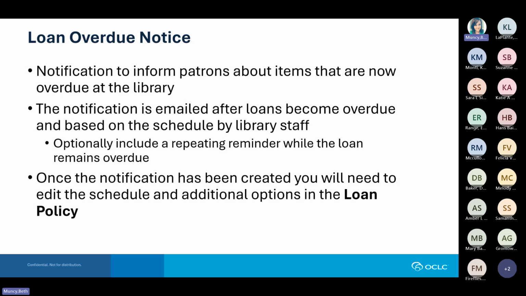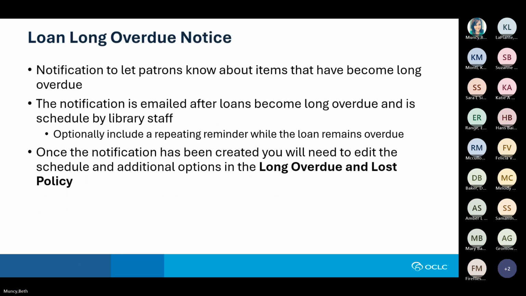You can then add additional notifications if you want to get a little bit more stern or forceful with your users to get them to bring those overdue items back. Once you've created it, we attach it to the loan policy itself, and you can set the schedule for how often those overdue notifications go out.